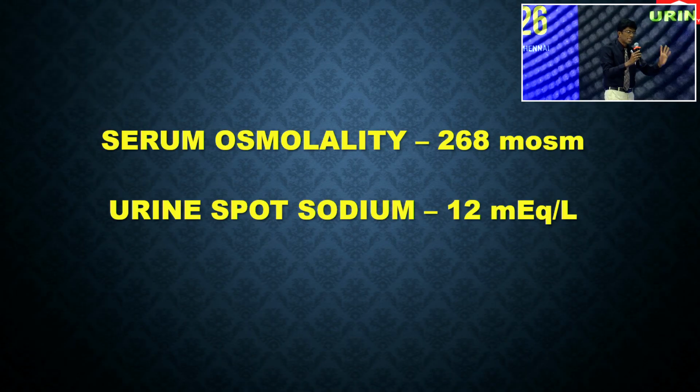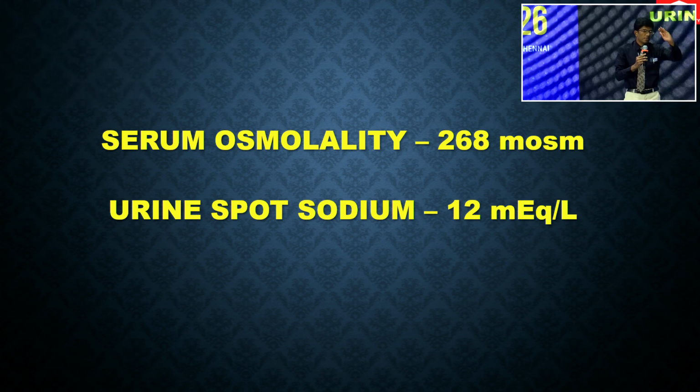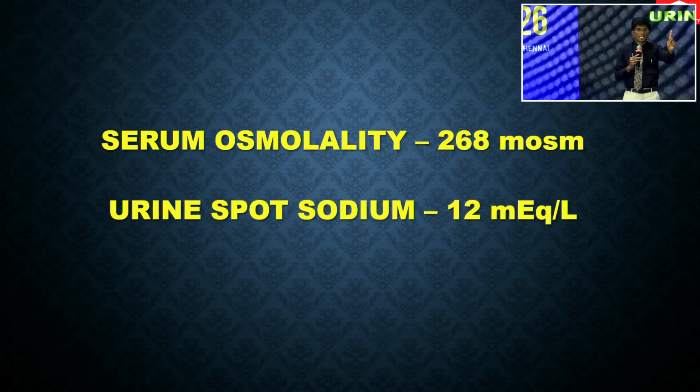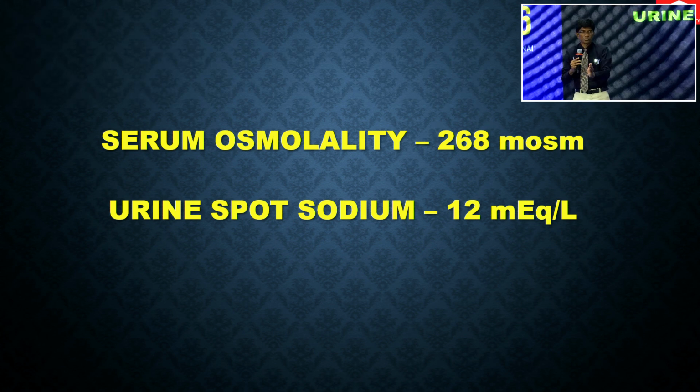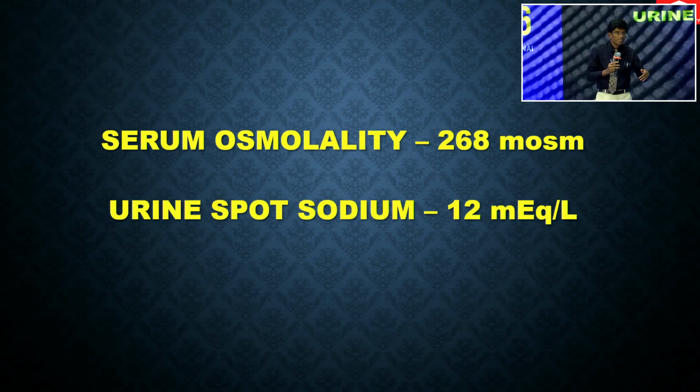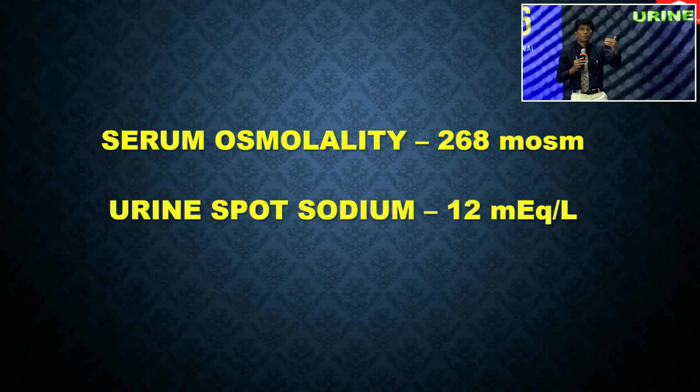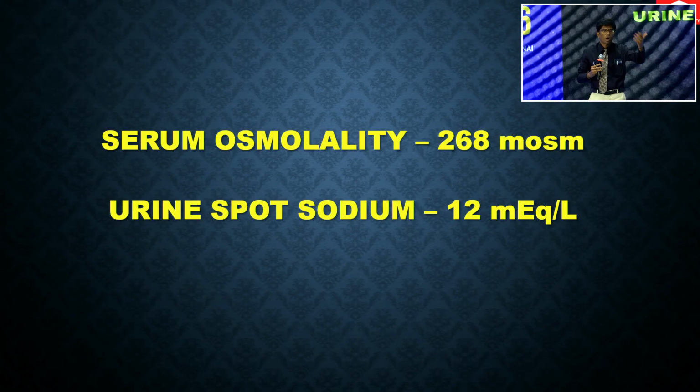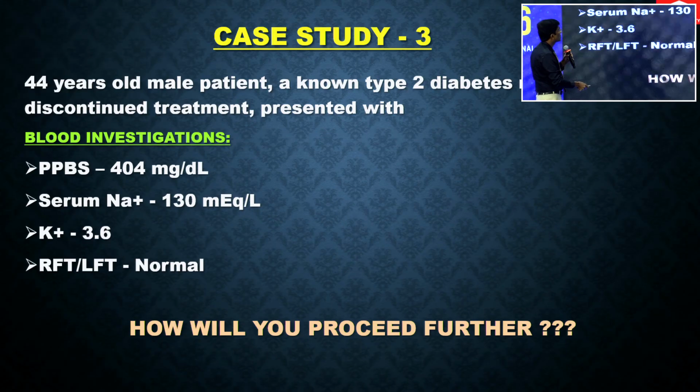So in any patient with hyponatremia, do serum osmolality. If it is low, it is true hyponatremia. Then do urine spot sodium. If urine spot sodium is less, there is hypovolemia, either true hypovolemia or false hypovolemia. If urine spot sodium is more, 40 or 50, think of thiazide diuretic or SIADH.